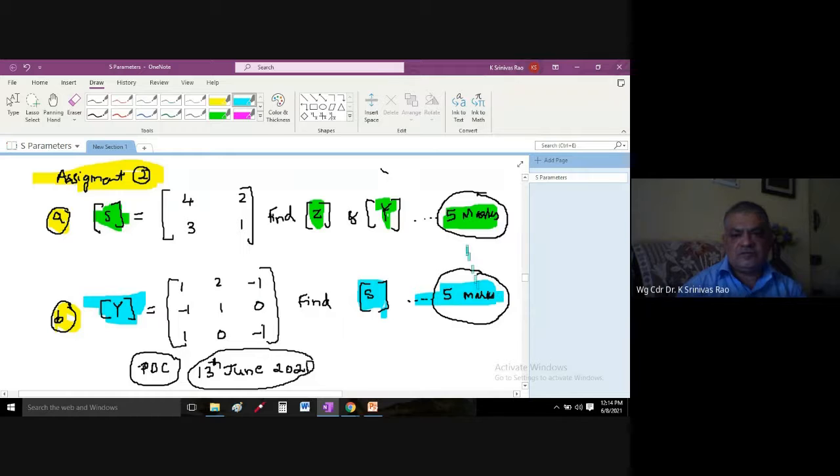So total 5 plus 5, which is your 10 marks assignment, which you have to submit before 13th of June. That means by the coming weekend, by Sunday, you should submit this assignment. Everyone, please note down this.